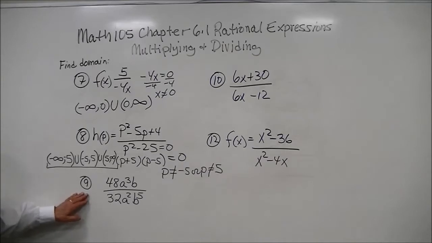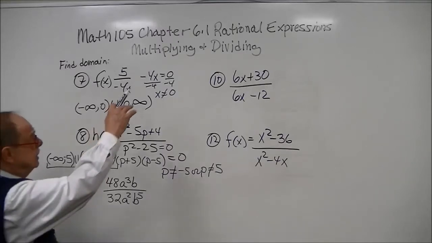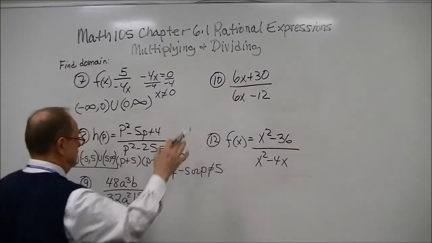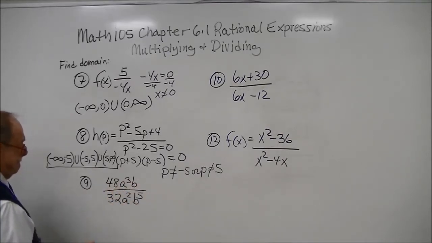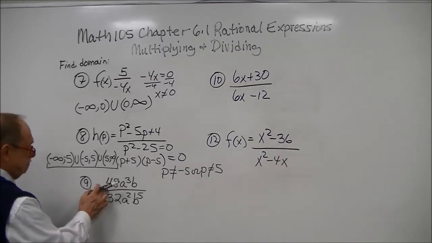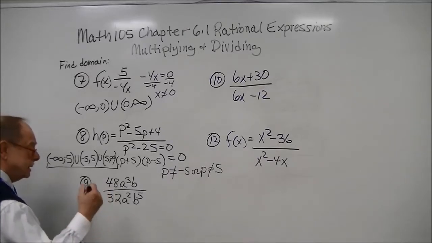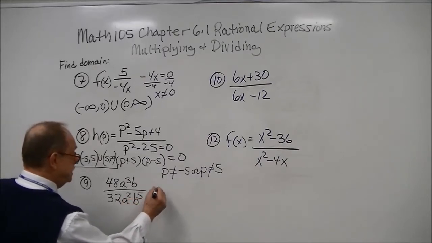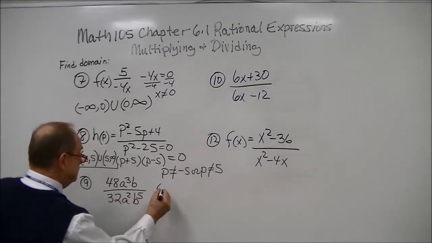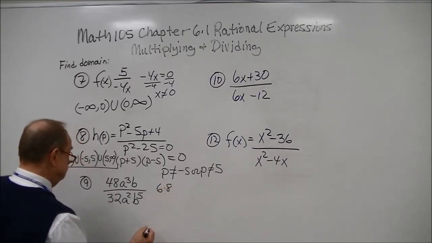Now, going on to example 9, this is where we start our next section, and it's to simplify these rational expressions by canceling out any common factors that you might find in them. Okay, 48, and let's develop a strategy. 48, as I look at it, is 6 times 8, let's say.